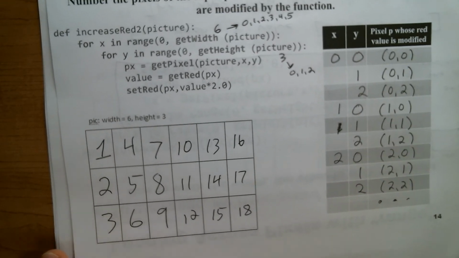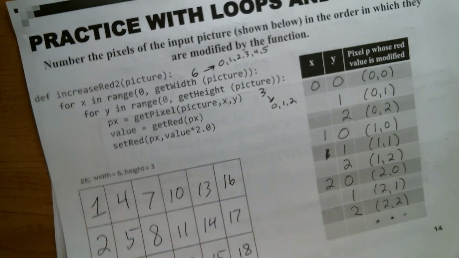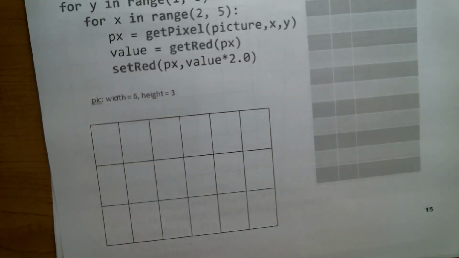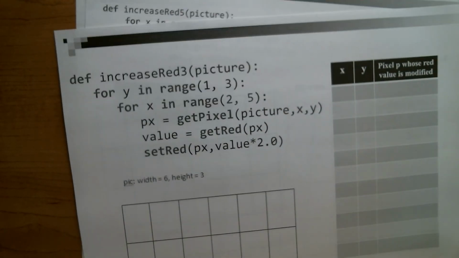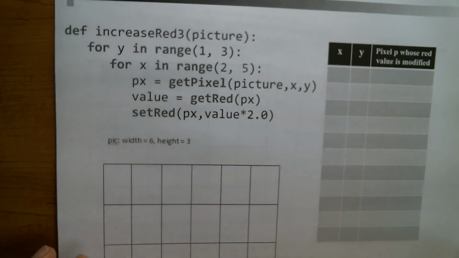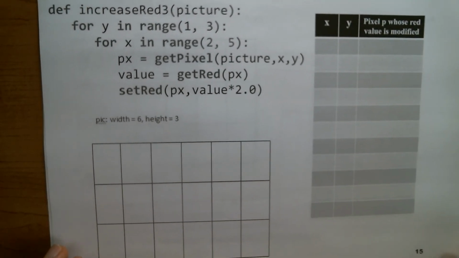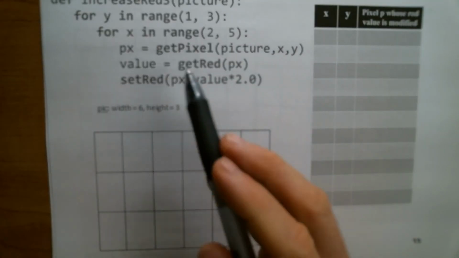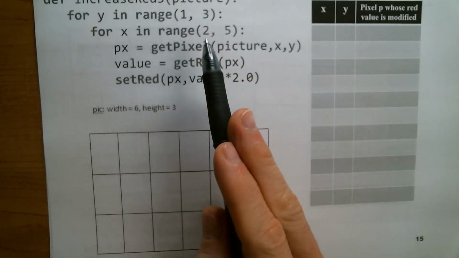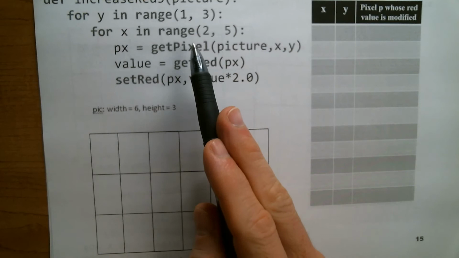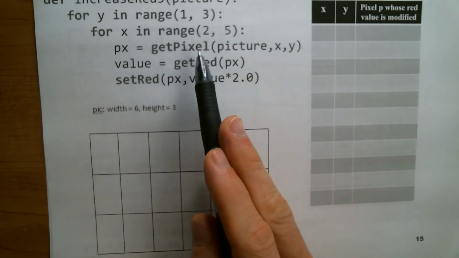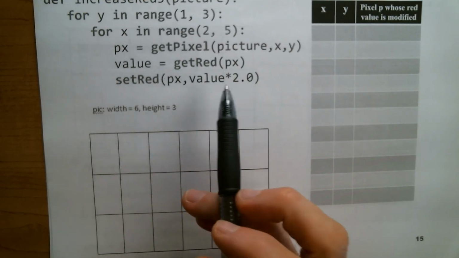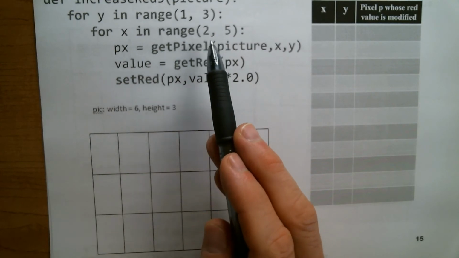Now let's look at one where instead of changing the entire picture, we start to specify where we want our code to run. Same setup here, only now I'm not using getHeight and getWidth.